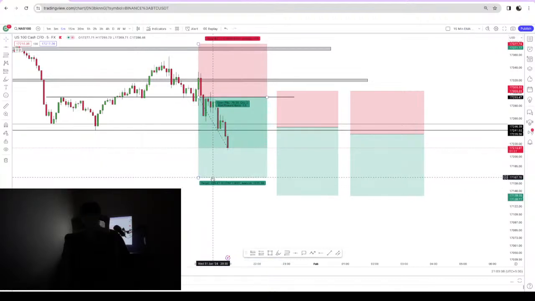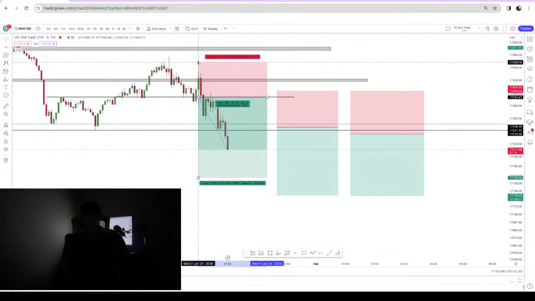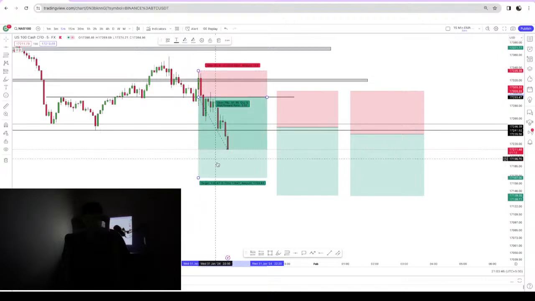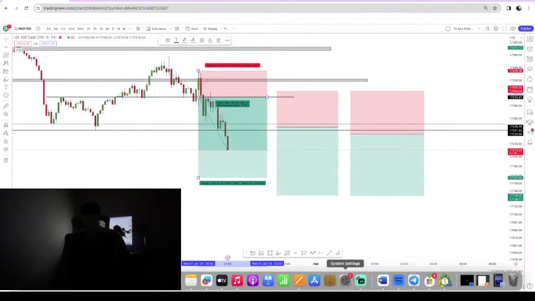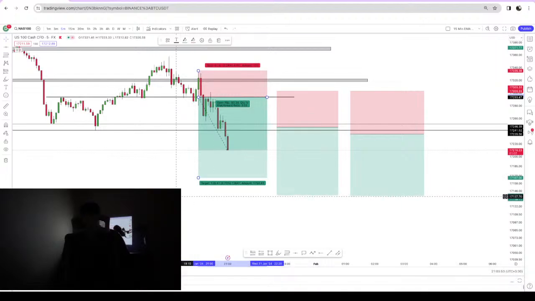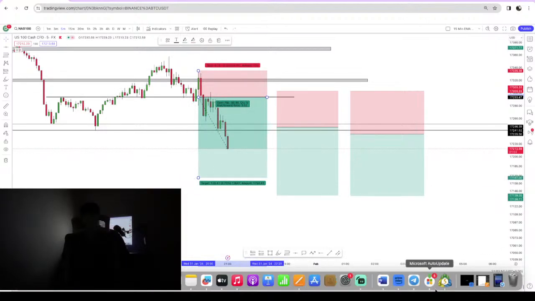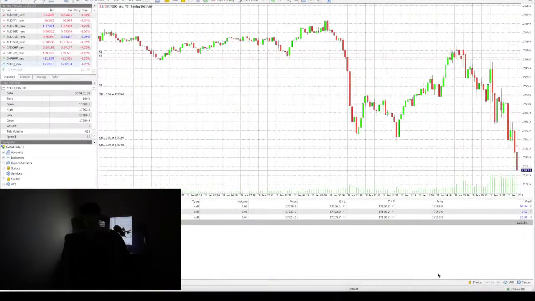So I'll place all the targets here at 1:1.5 from our standard position. Around 155 points.